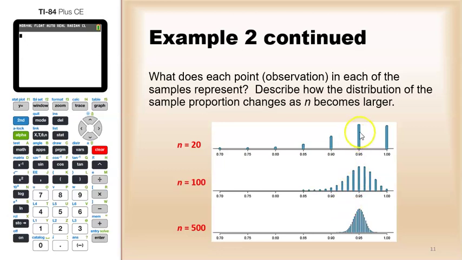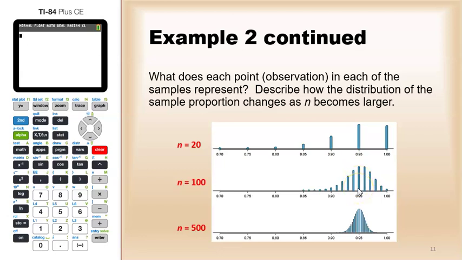Well, in this first graph, each dot represents a sample of 20. We do a sample of 20, find the proportion. Then we do a different sample of 20, find another proportion, and do another sample of 20, find another sample proportion, and so on. In the middle graph, the dots represent samples of 100.